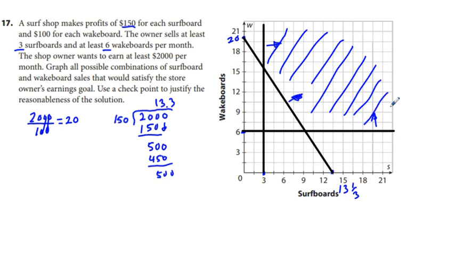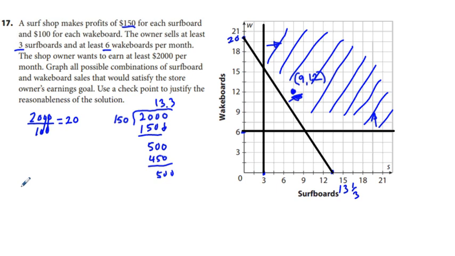And the last thing we're going to do is take a point here to check for reasonableness of solution. So what I'm going to do is take this one right here where we have 9 surfboards and 12 wakeboards. So I'll put the coordinate pair 9, 12, and we're looking for this value to be at least $2,000.